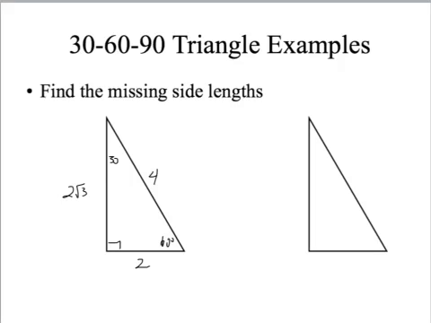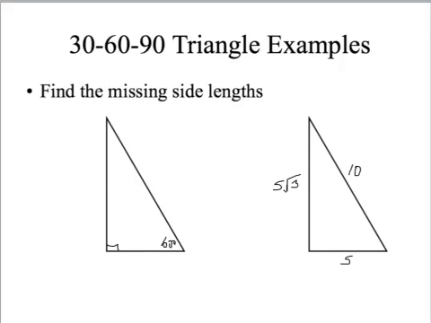If I have the hypotenuse as, let's give it something even, a 10, then the short leg will be 5, and this will be 5 square root of 3. Okay? Let's erase some of these and do a few more examples with these triangles.